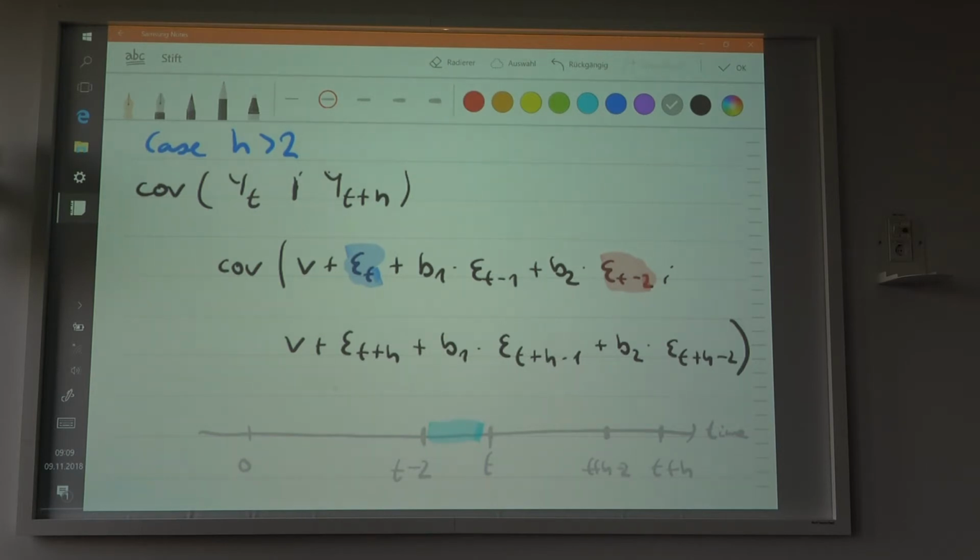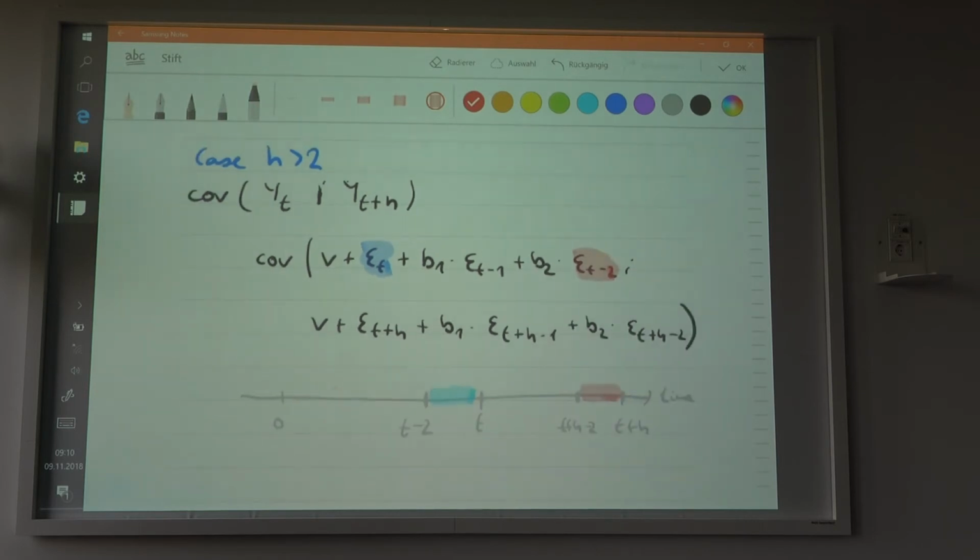Now in this diagram, you can clearly see that if h is strictly greater than 2, which is supposed to be the case here, then the white noises do not overlap. If they don't overlap, then the correlation is, of course, 0.